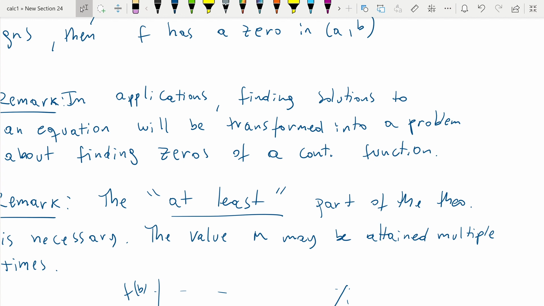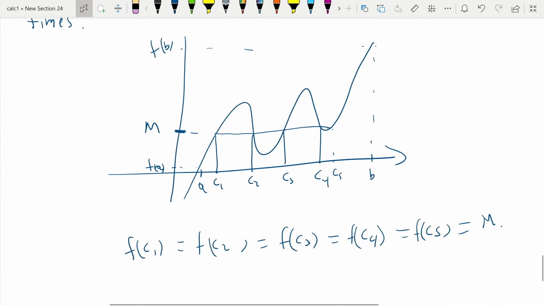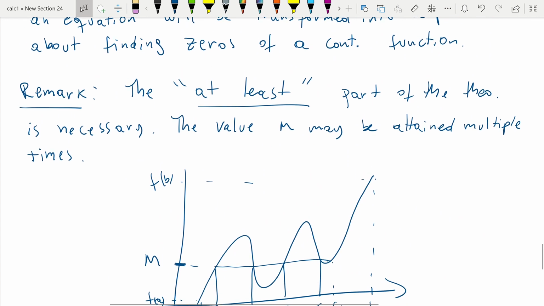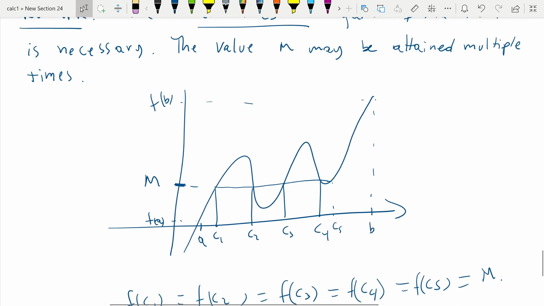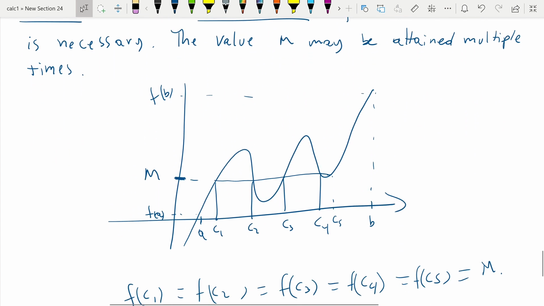Finding roots of a polynomial means finding zeros of the given polynomial. Okay, so this is just one type of application. And the value m may be attained multiple times inside the interval, or it may not be attained.